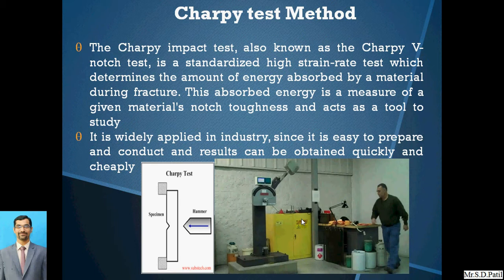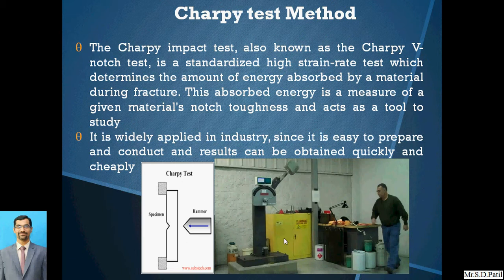This absorbed energy is a measure of a given material's notch toughness and acts as a tool to study it. This test is widely applied in industry since it is easy to prepare and conduct, and the results can be obtained quickly and cheaply.